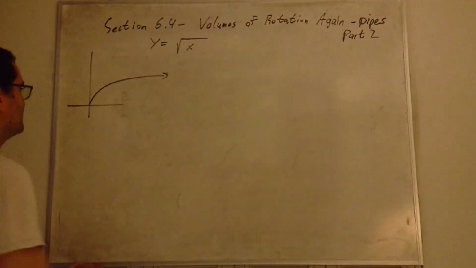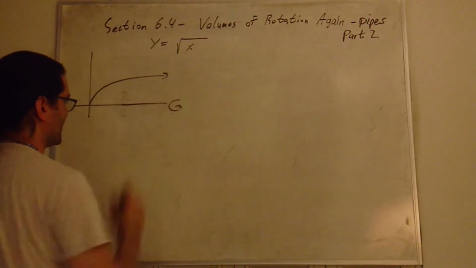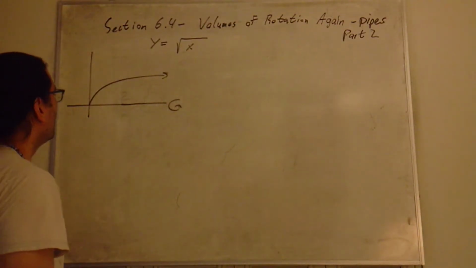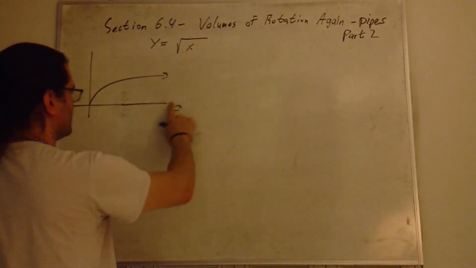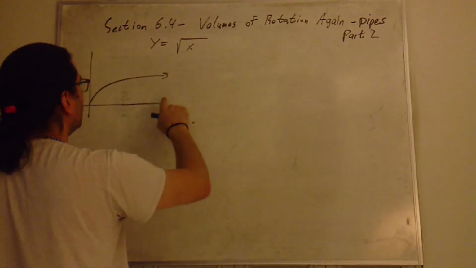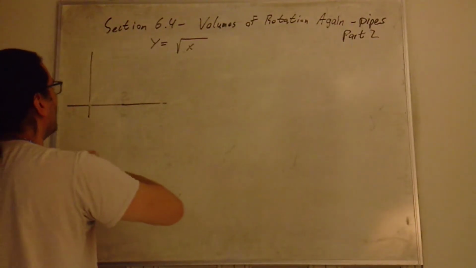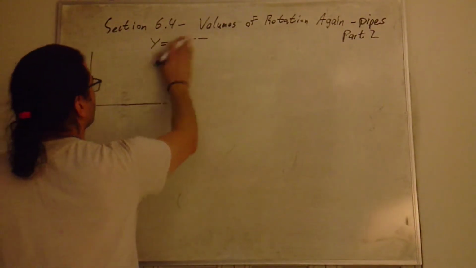I want to rotate this around the x-axis this time. No, I think we already did this. The square root of x rotated around the x-axis is just bullet bill. We've done that one before. Let's do, oh, here's a good one.